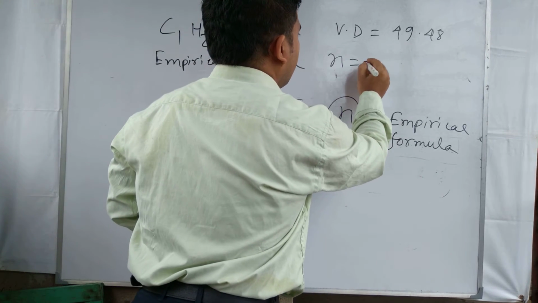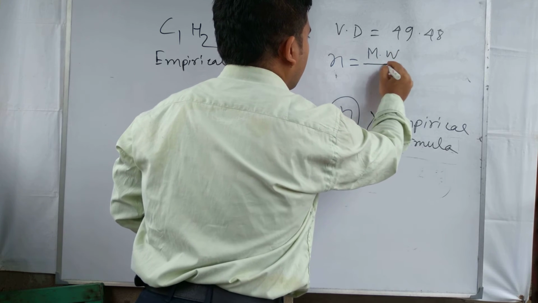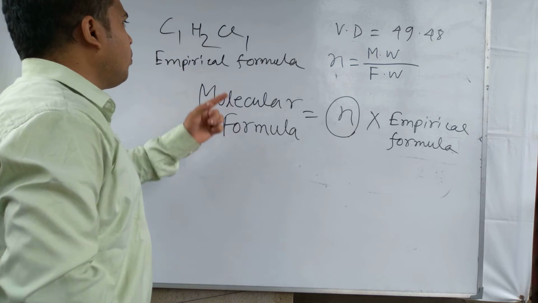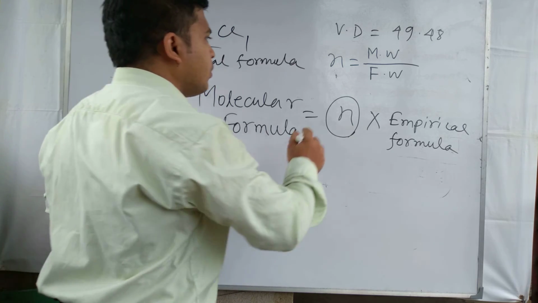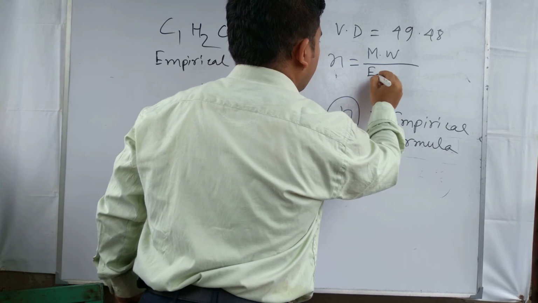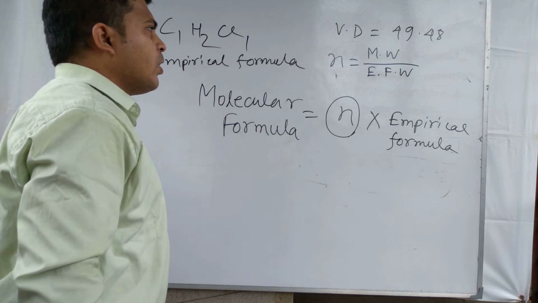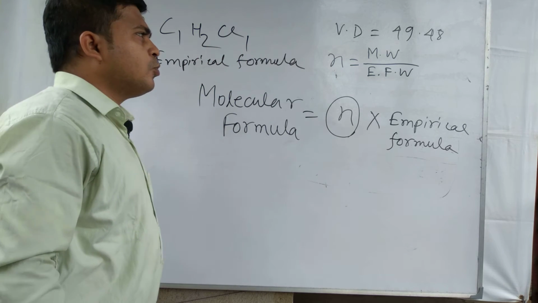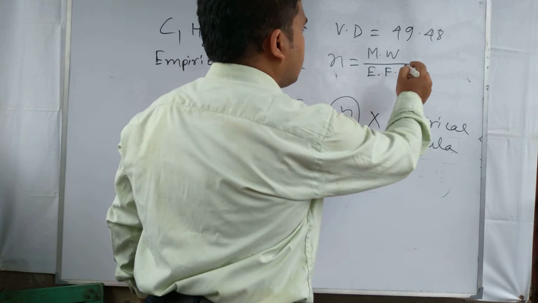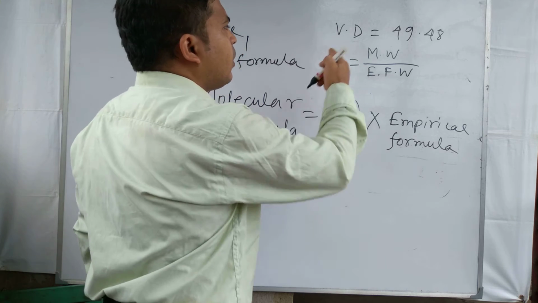This n is the ratio of molecular weight divided by empirical formula weight. We have to calculate the molecular weight.